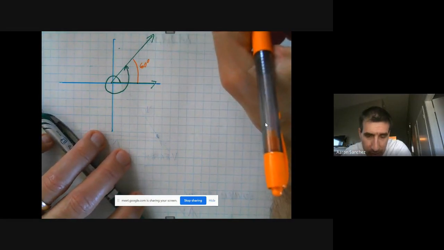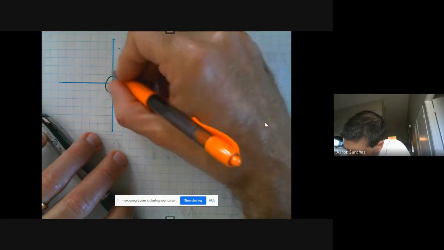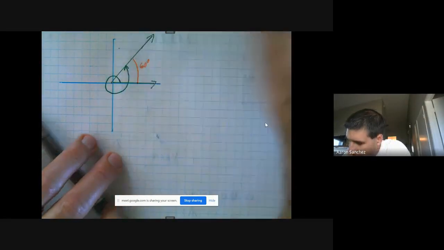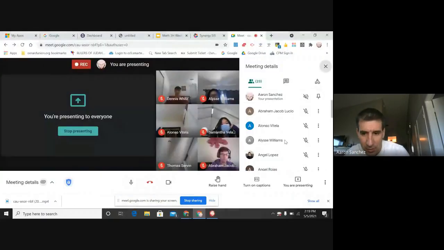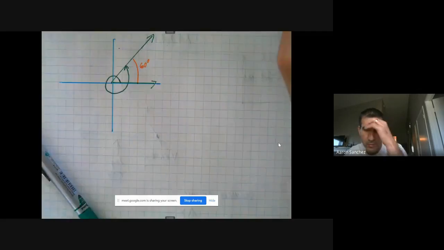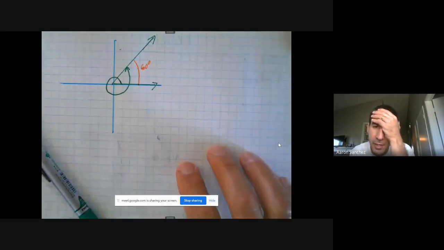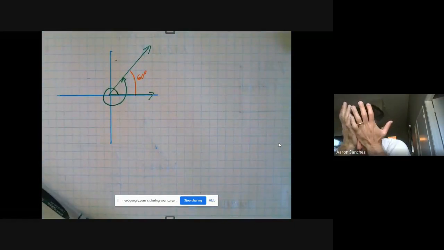Okay, that's not the angle measure. That's 60 degrees. How big would that green angle be if I open up and go all the way around and then there again? How big is that angle? I'll give you a second to think about it. All right, Bryson, tell me how big that angle is.